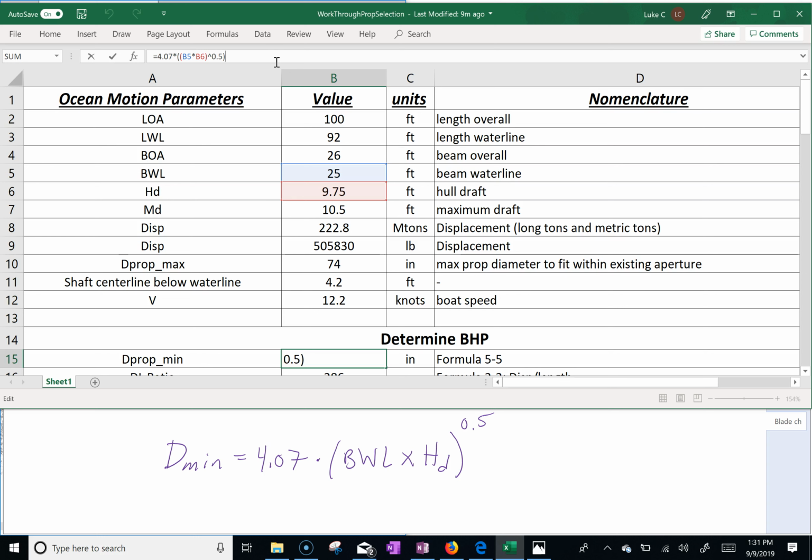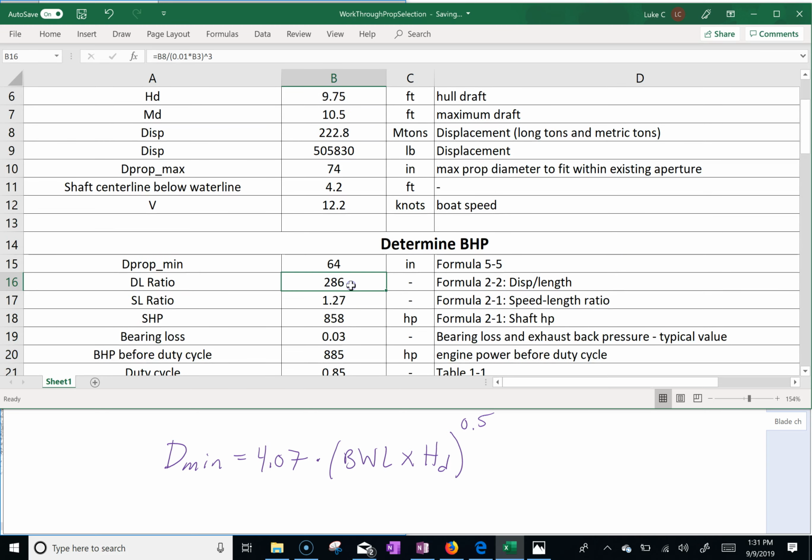All right. So this is the actual minimum diameter based on your beam water line and your draft. Okay? Next. DL ratio. If you remember what that was.